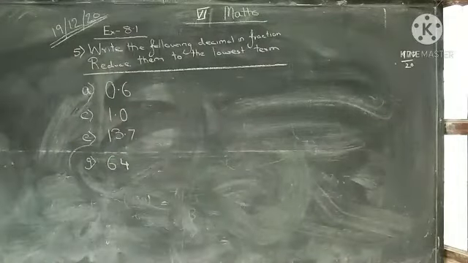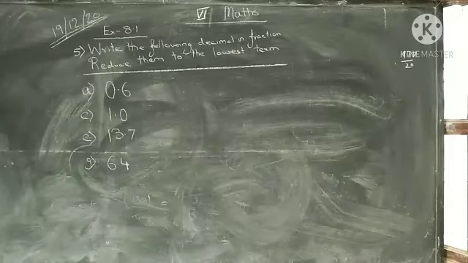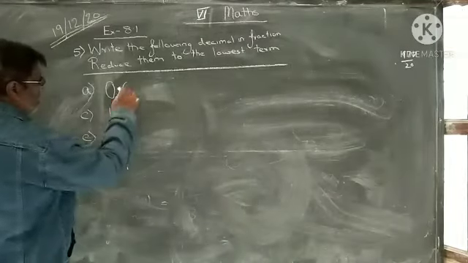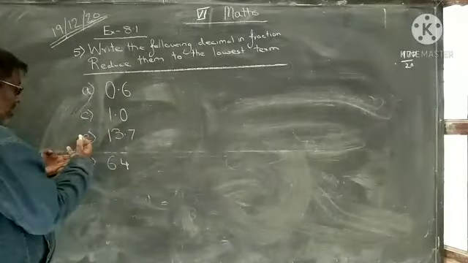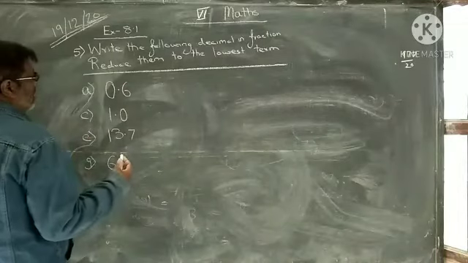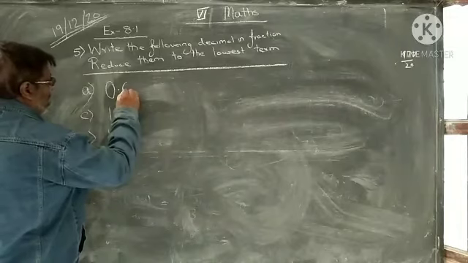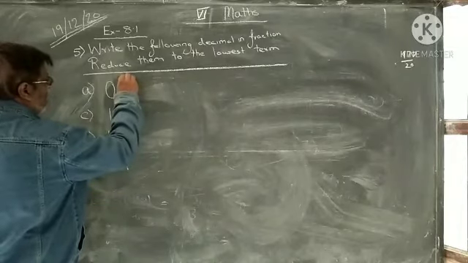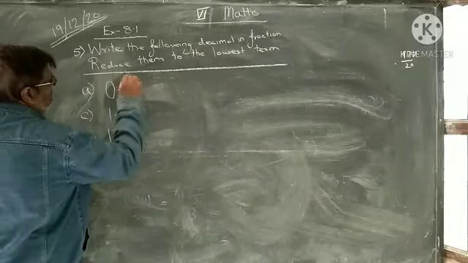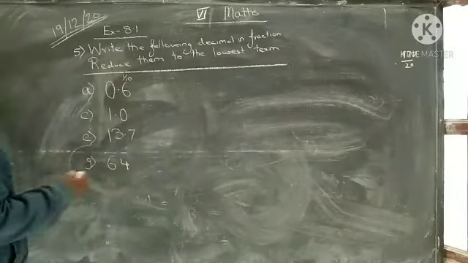Now, in these decimals, you will find that there is a point, which is written as 0.6. When there is a digit after the point, the first digit we say as 1/10, as we have discussed yesterday.